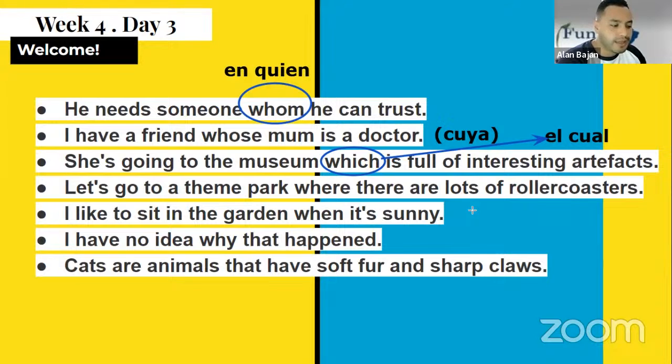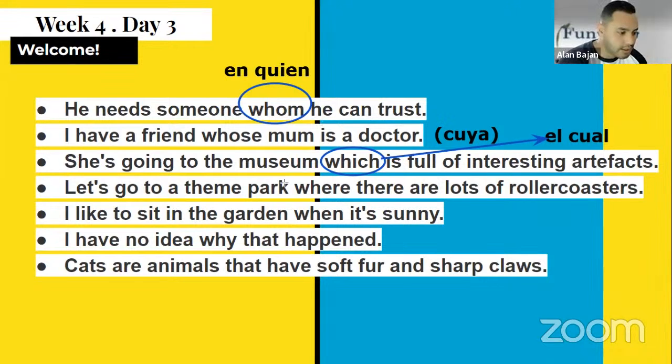Let's go to the theme park where there are lots of roller coasters. Where is the relative pronoun in sentence number 4? Where, exactly.